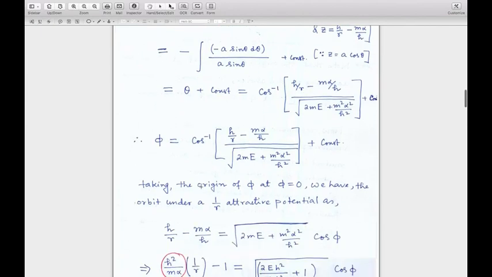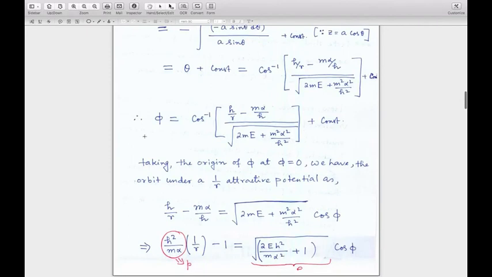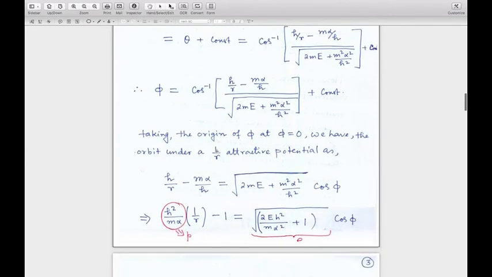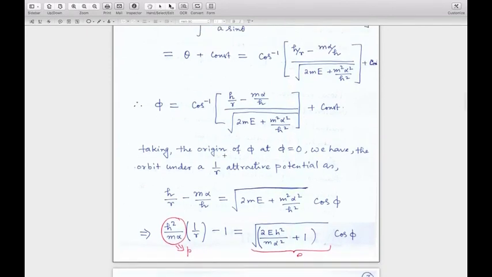Then you can easily solve this equation just like this. You can take this constant as phi 0, the origin of phi. So for some reason, which I don't want to reveal right now, let us calculate phi in such a manner that phi 0 is 0 and that constant basically is 0.